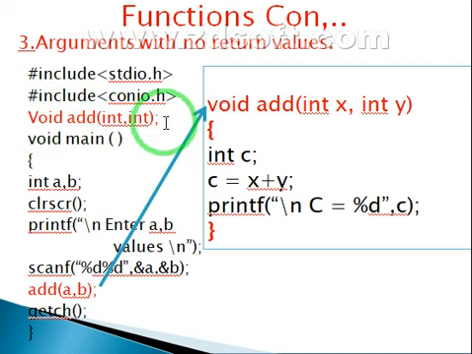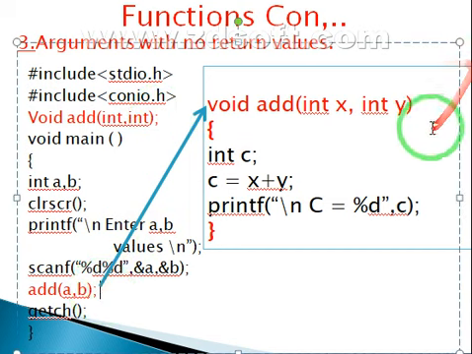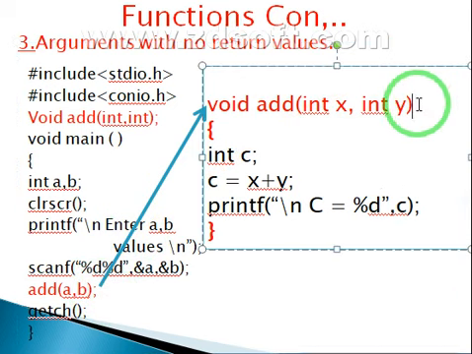One more important thing: when we are declaring, a semicolon should be there; when we are calling, a semicolon should be there; but when we are defining the function, a semicolon should not be there. I already said the meaning of semicolon is line termination symbol.